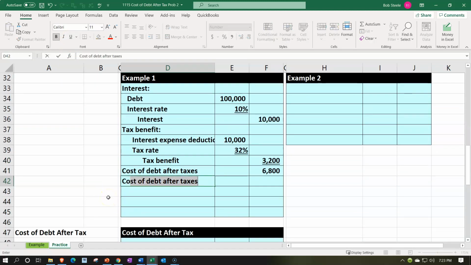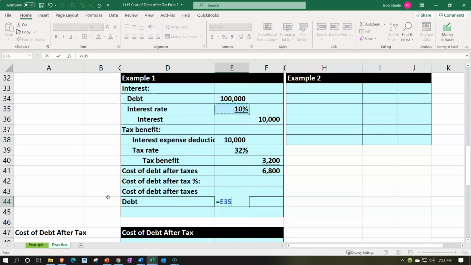So I could say, okay, what's the cost of debt after tax percent then? That is going to be the cost of debt after taxes, that 6.8,000. We're going to compare that to the debt, dividing. That's what I mean when I say compare, divide.